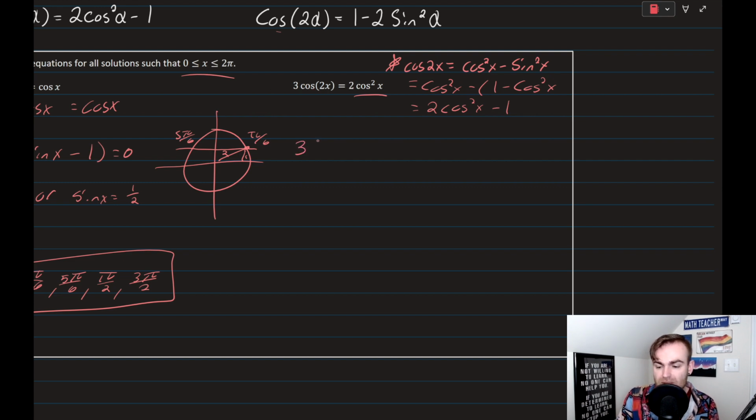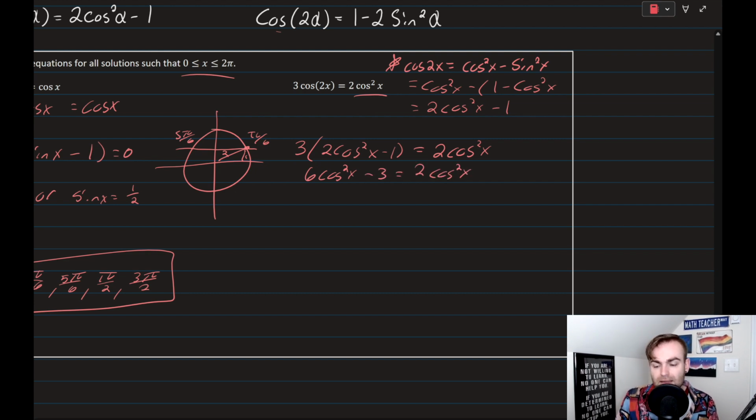We would have 3 times 2 cosine squared x minus 1 is equal to 2 cosine squared x. Distribute: 6 cosine squared x minus 3 is equal to 2 cosine squared x. I like things to be positive. Let's subtract 2 cosine squared from both sides and then add 3 to both sides.